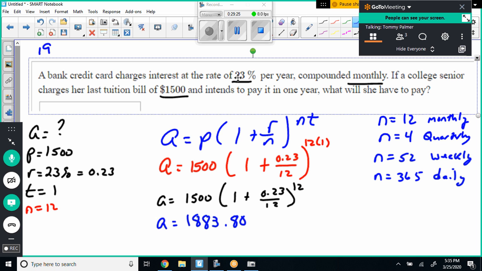So if it takes her 1 year to pay it back, instead of the original $1,500, she's going to have to pay an additional $383.80.